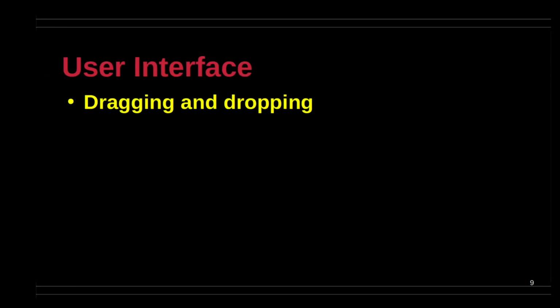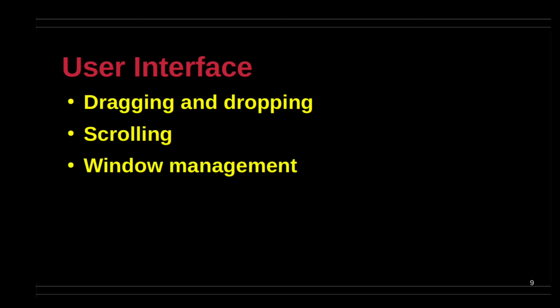For user interface, the translation examples are dragging, scrolling, and window management. In dragging and dropping, translation moves elements on the screen. In scrolling, translation results in content moving horizontally or vertically within a scrollable area.